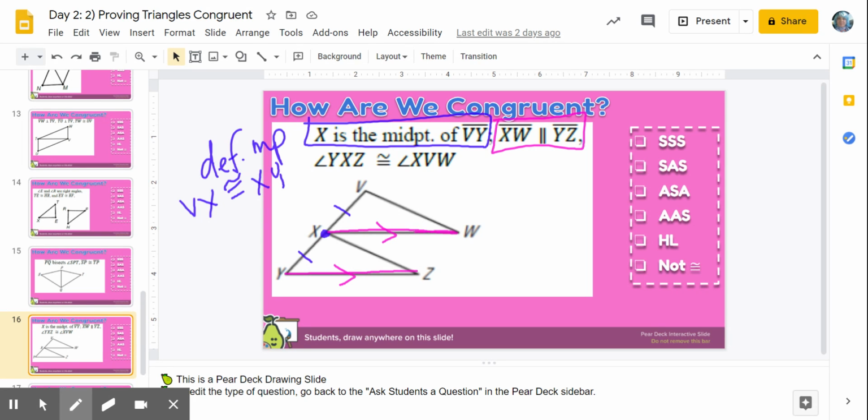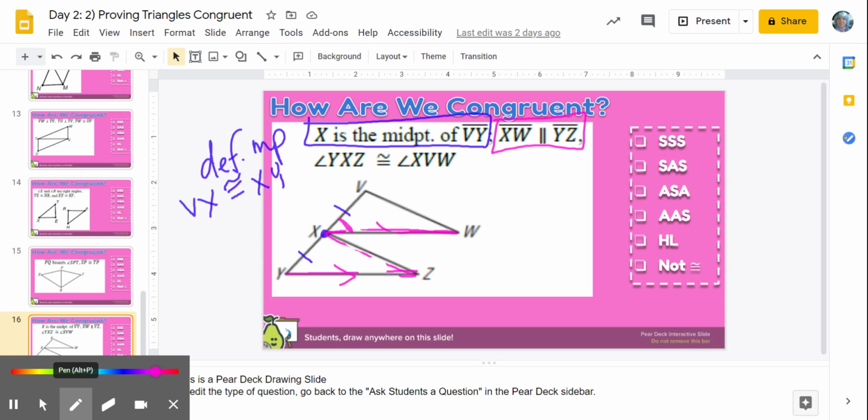So what we've been doing is those alternate interior angles, right? Those two angles are congruent, but that doesn't help me very much because this one is not inside a triangle. What we haven't talked about much is this. Let me erase that for a second.